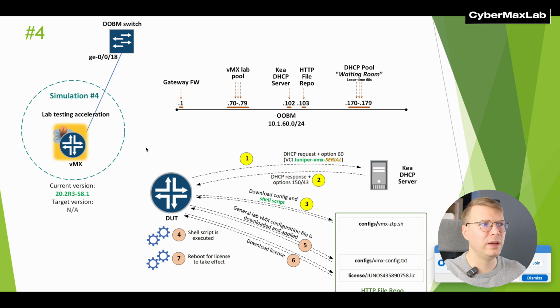Another important thing is that to efficiently use VMX for your testing, you need a license. There is something called an evaluation license, which you can get and download from the Juniper website, and which gives you 30 days access to the device. It used to be easy to apply, just by using the set command or a license terminal.